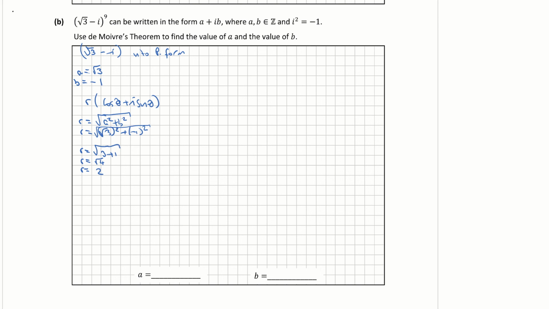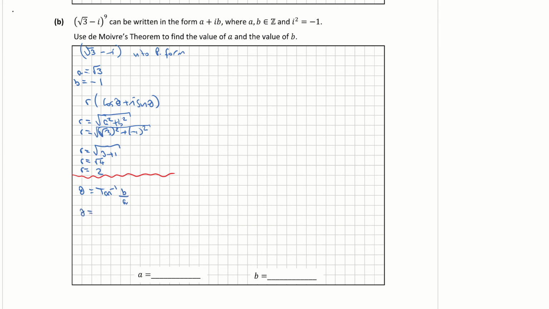So r is 2. Next thing I need to do now is find my angle, my theta, my argument. So that's giving me theta is equal to tan inverse of b over a.